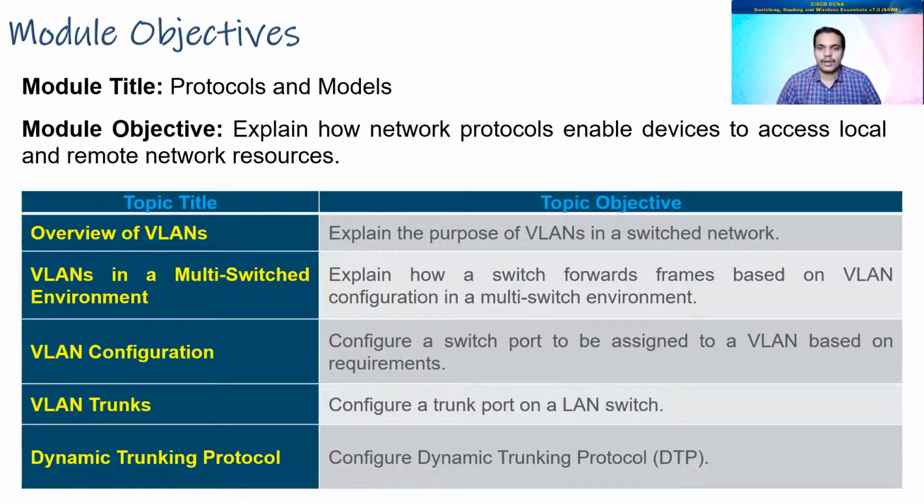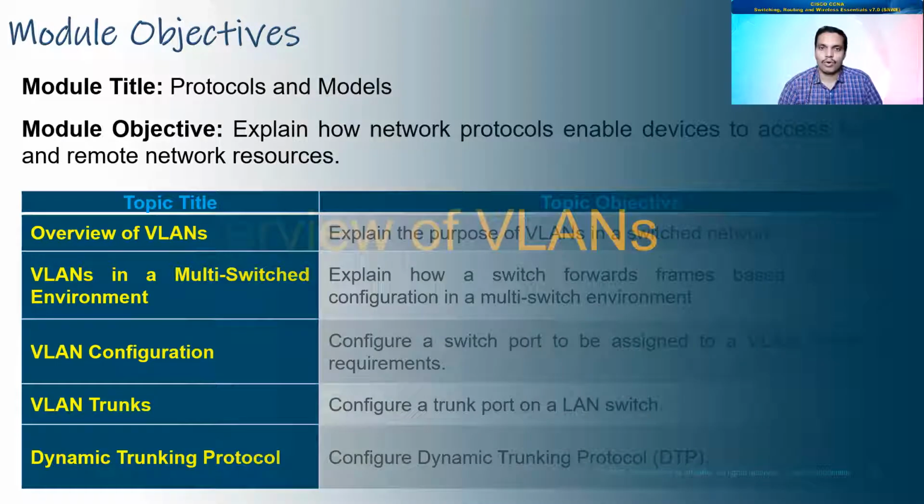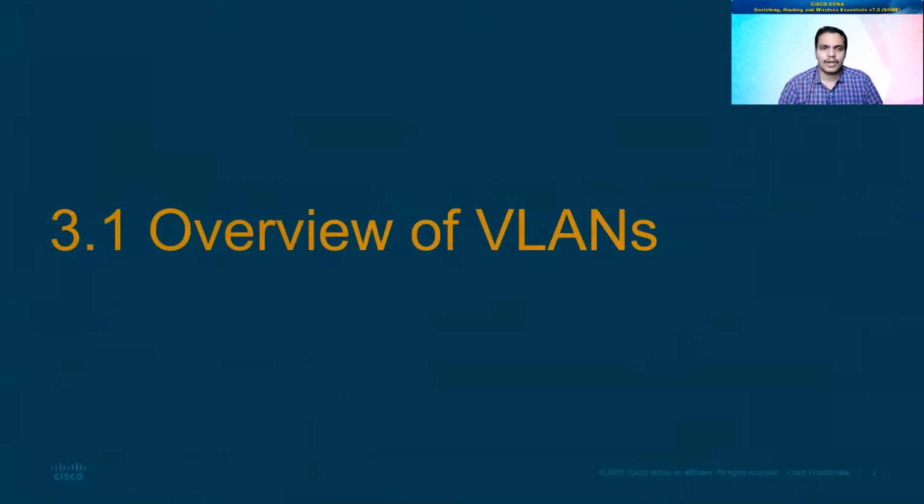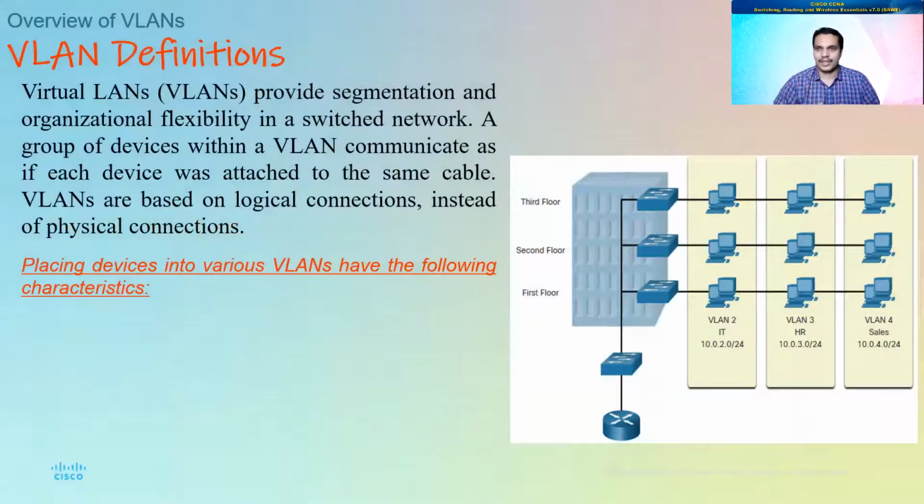The first topic is the overview of VLANs. As I said in the introduction, VLANs are primarily created to partition the broadcast domains. VLANs provide segmentation and organizational flexibility in a switch network.